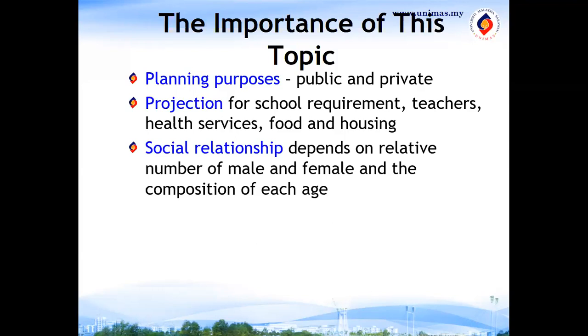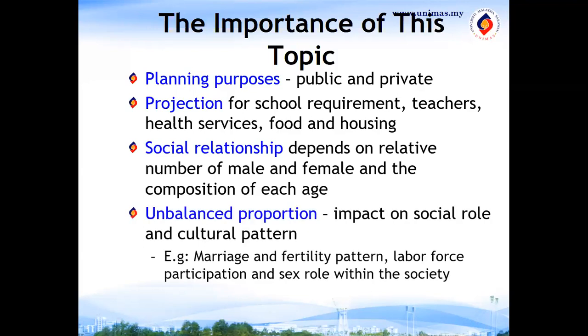But if there are drastic differences in the number of males and females, it could bring some kind of social problem, a little bit of a problem. I mean relationship problems I'm talking about. So an unbalanced proportion can cause some impact on social roles and also on cultural patterns.